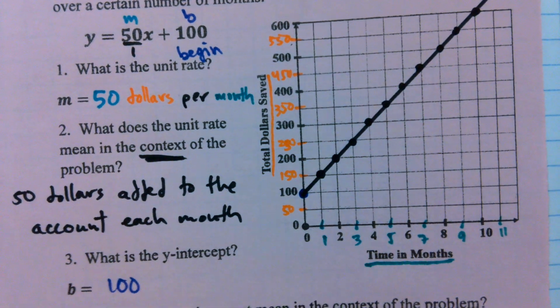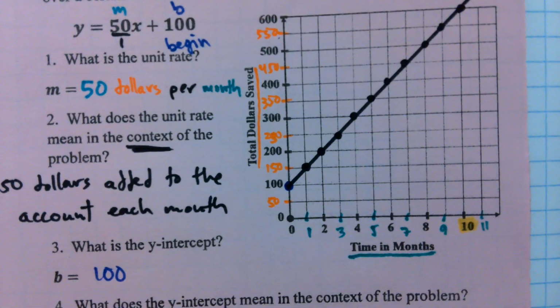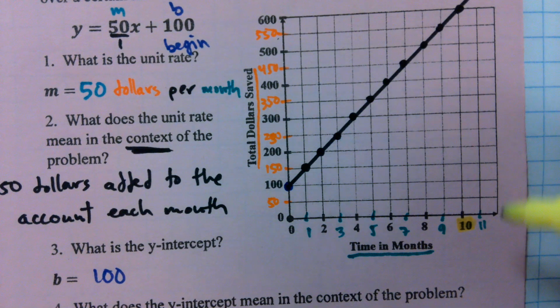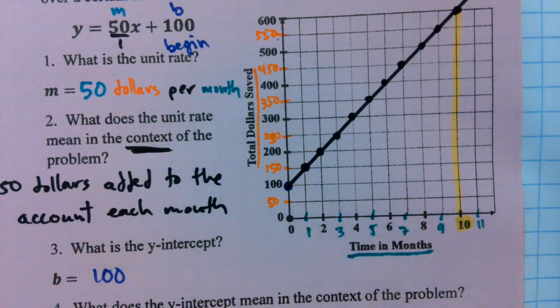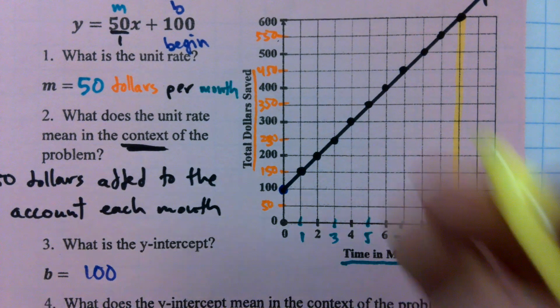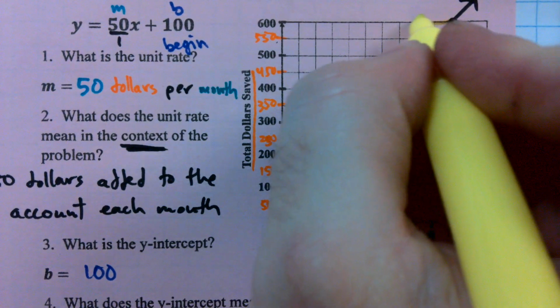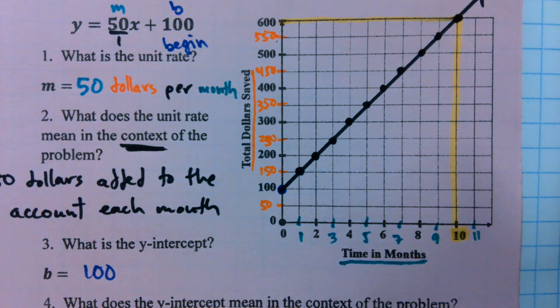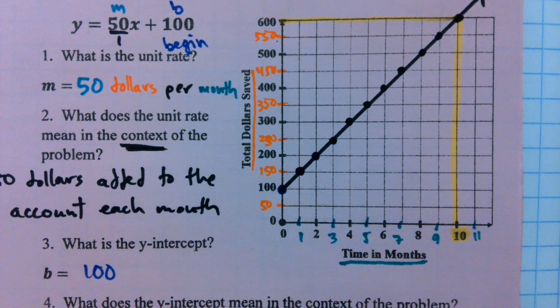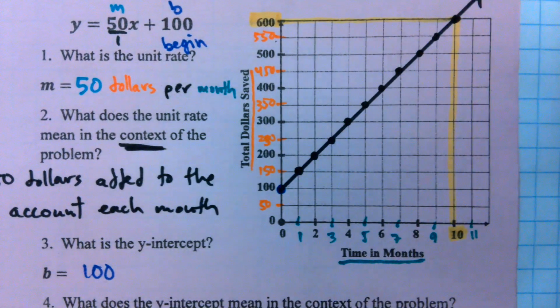At the number 10, on the bottom, right here. So at 10 months, I'm going to look all the way up. I'm going to hit that point. I'm going to look all the way over. How much money do I have at 10 months then? $600.